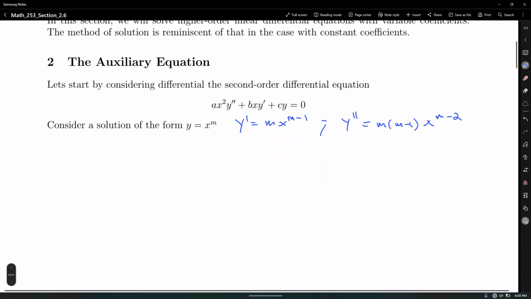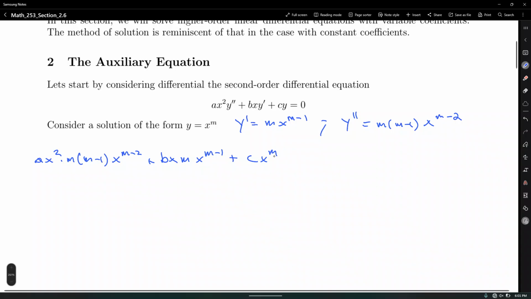All right. So this will be ax squared times y double prime. What's y double prime? That's m times m minus 1 x to the m minus 2, plus bx times y prime. What's y prime? m x to the m minus 1, plus c y, which is simply x to the m.